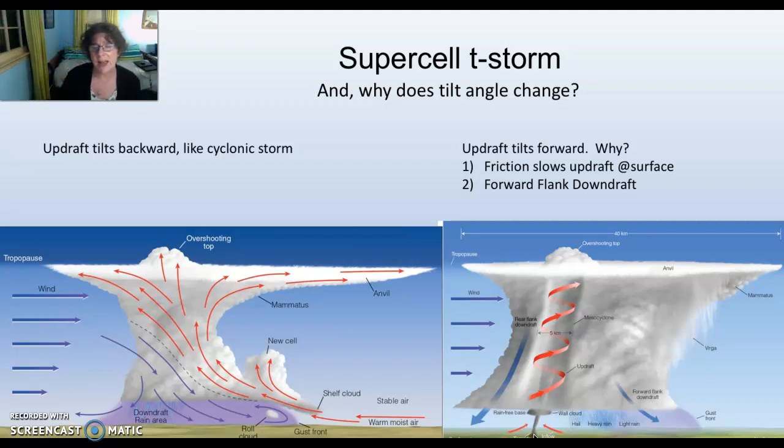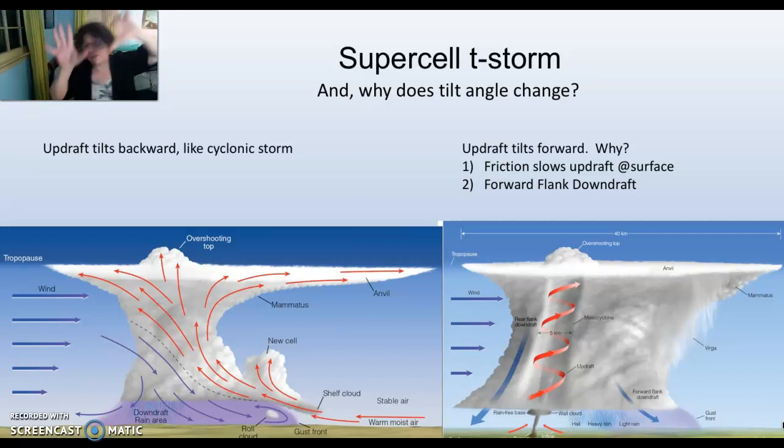In addition to that, you will have a lot of precipitation and evaporation in this area of the leading edge of the cloud, up in the drier areas. So while you have a downdraft in the back, it is also possible to get a downdraft in the front where there is evaporation in the dry areas of the cloud that is producing a forward flank downdraft.